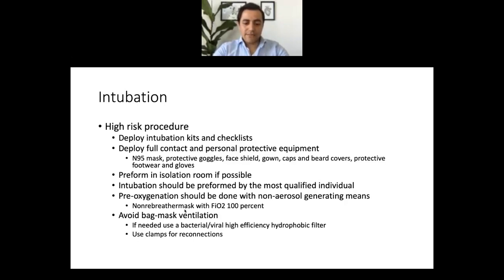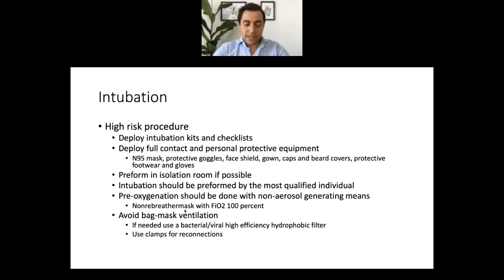At the beginning of every shift, there should be a designated physician or nurse who checks the contents of the intubation kit and goes through all the checklists to see if everything is available. That includes full contact and personal protective equipment for the team that is intubating the patients. This includes an N95 mask, protective goggles, face shields, gowns, caps and beard covers, protective footwear, and gloves.